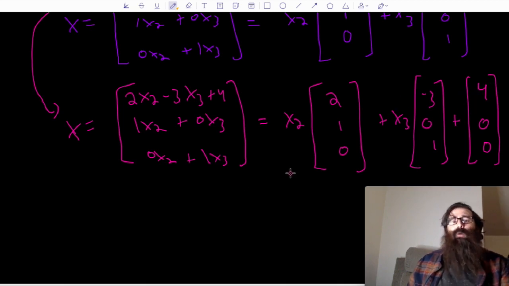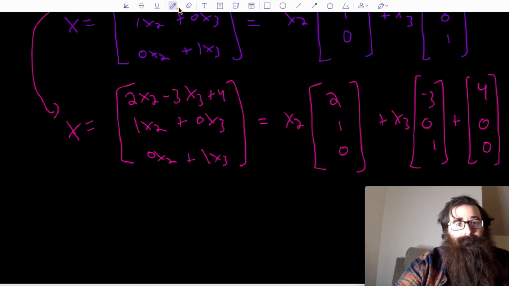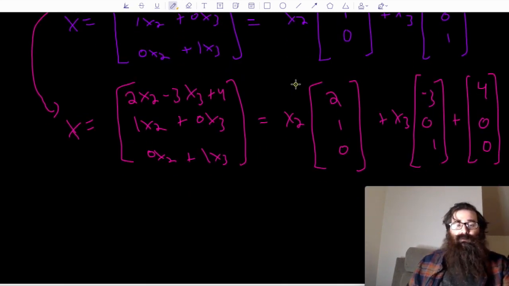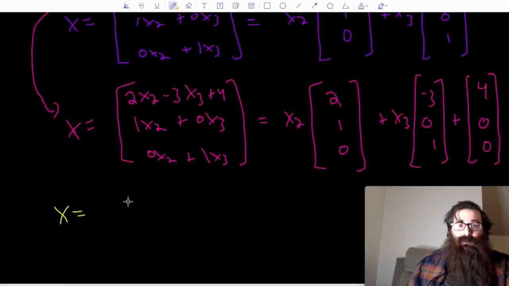And how can I think about these? Well, in general, for the parts that are the same, I get x equals x sub 2 times some vector, call that vector p, plus x sub 3 times some vector q.